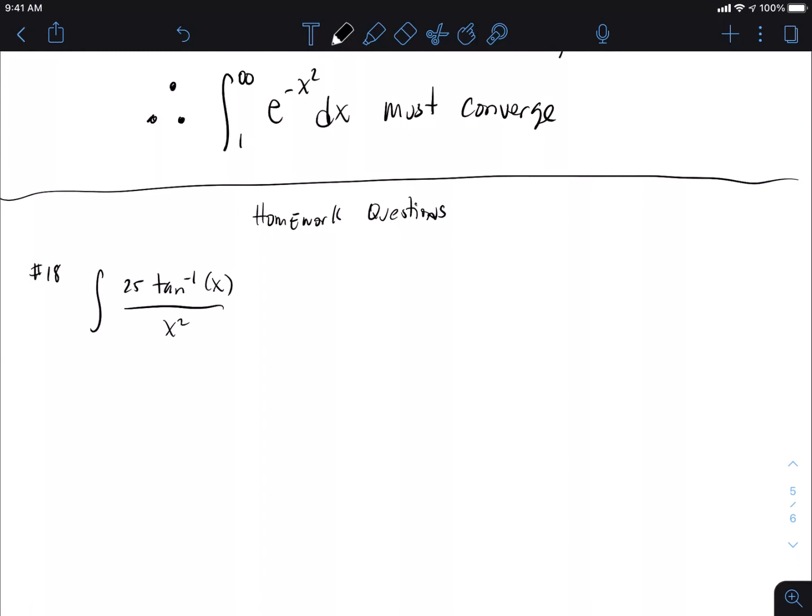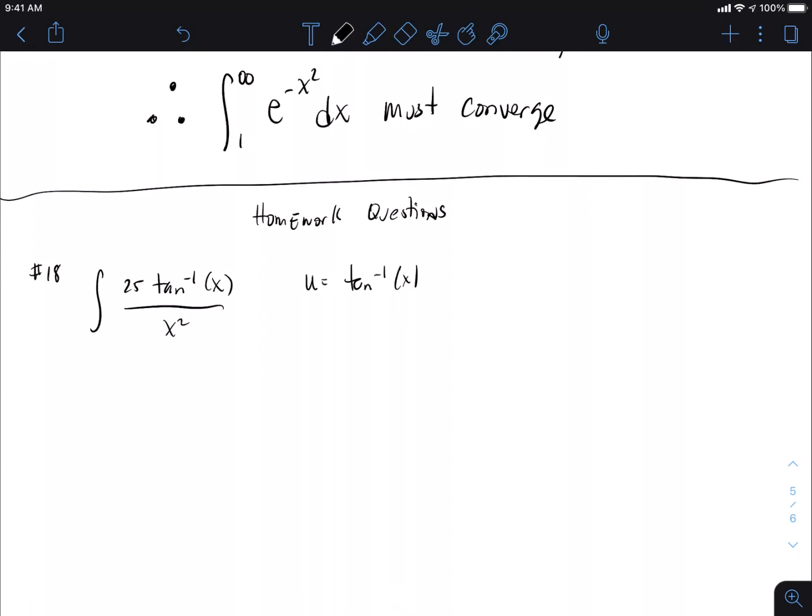So let's see this problem. In this problem, it's a product, right? And since it's a product, it's a UV substitution. Yeah, it would be tan inverse and then 1 over x squared, right?